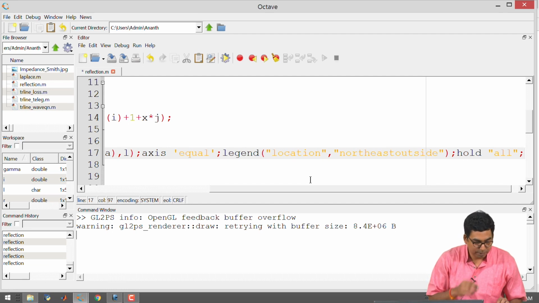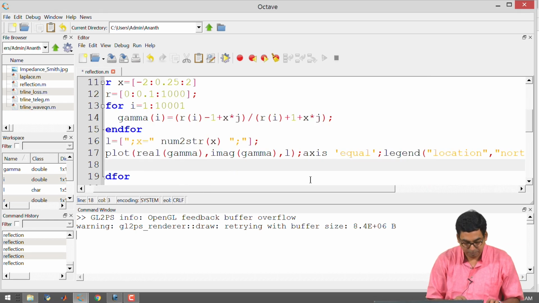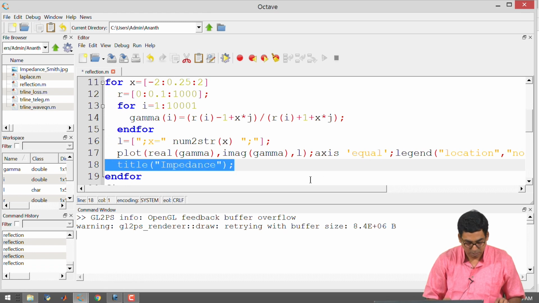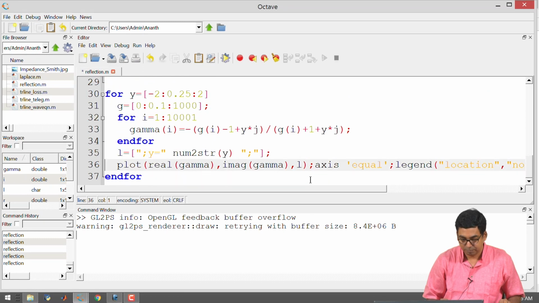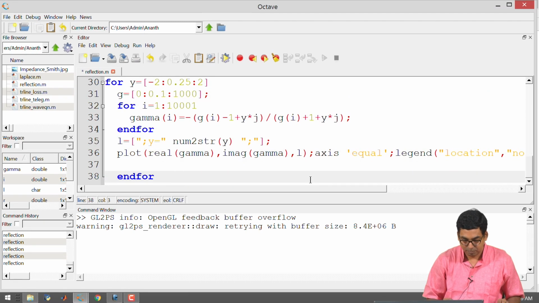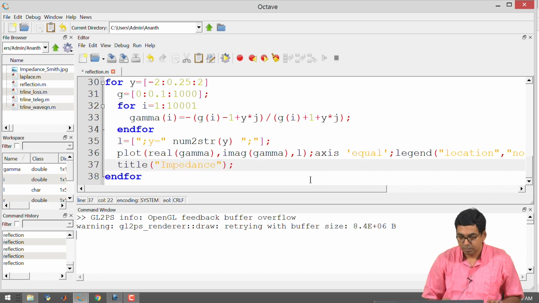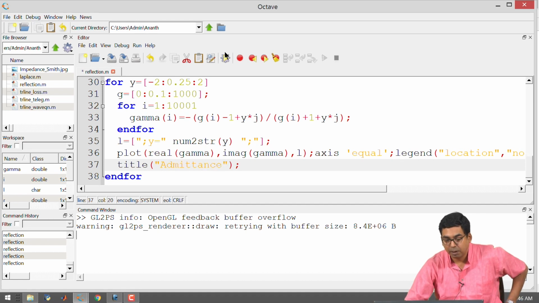I will just call this as impedance, right. I'm going to call the second one as admittance.